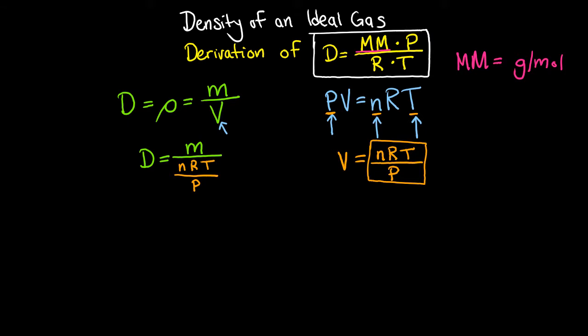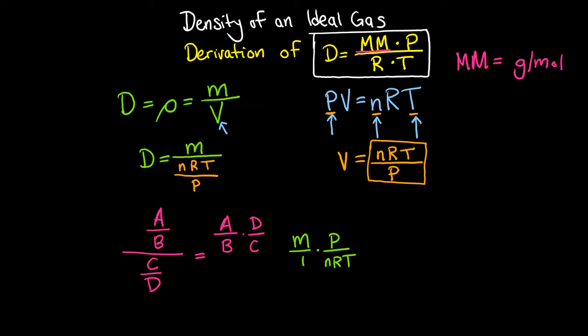Using some tricks from mathematics, we know that a fraction such as a over b, divided by another fraction such as c over d, is really the same as the numerator fraction, a over b, times the inverse of the denominator fraction, which would be d over c in this case. Our numerator is m over 1, and our denominator, when you flip it, becomes P over nRT.